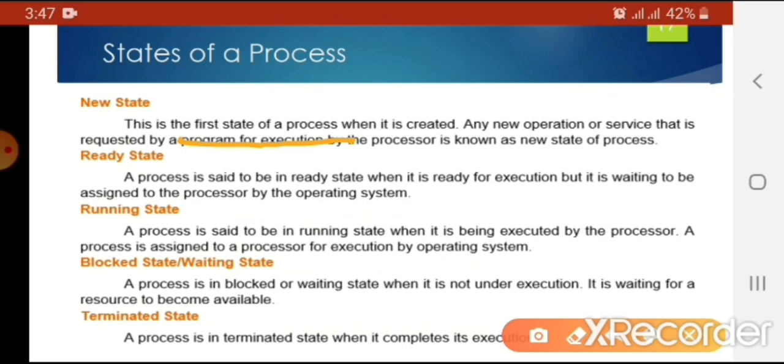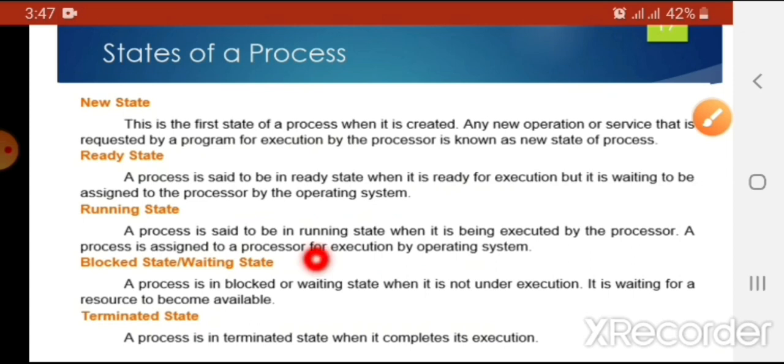After that, the process moves to the ready state. It is said to be in the ready state when it is ready for execution, but it is waiting to be assigned a processor. Then the third one is the running state. As its name shows, a process is said to be in the running state when it is being executed by the processor. It means when the processor is assigned to a particular task, that task is in the running state.